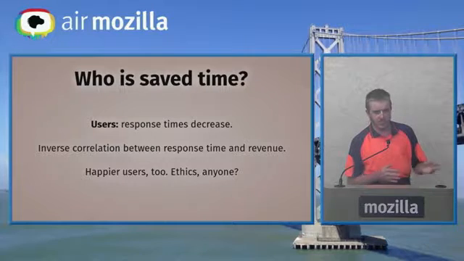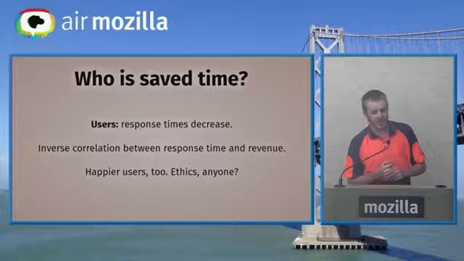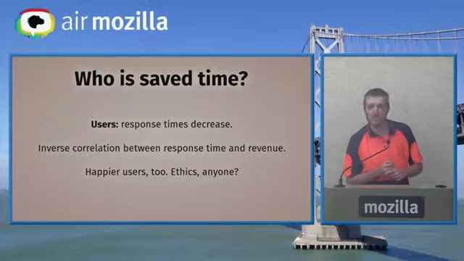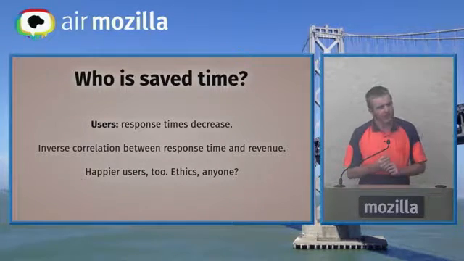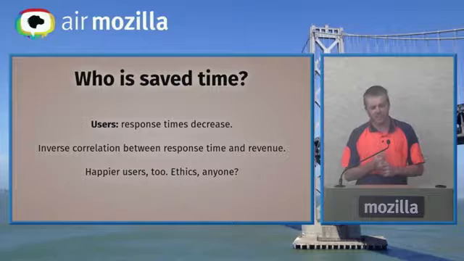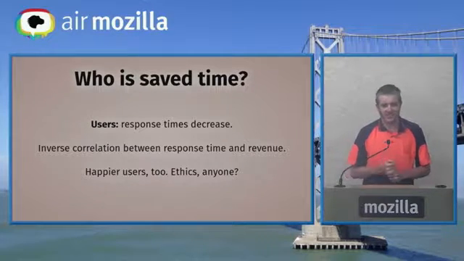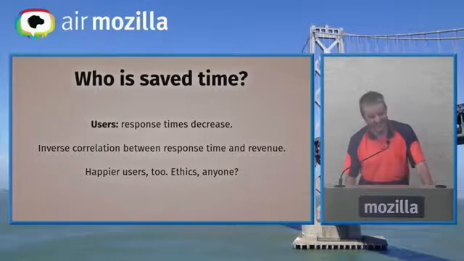Users: the response time in whatever they're using is decreased, and there is that inverse correlation between response time and revenue and happiness as well. People are likely to be happier if it's faster. There are also very interesting questions of ethics there. I can talk more about that later on if you're interested in it.